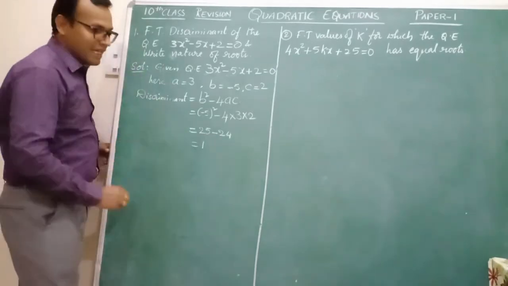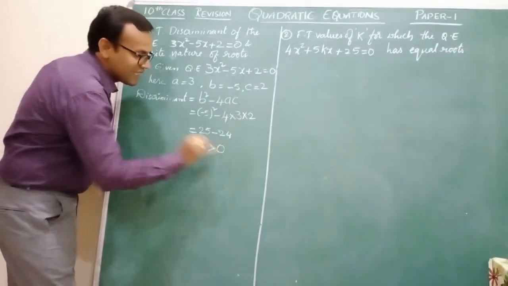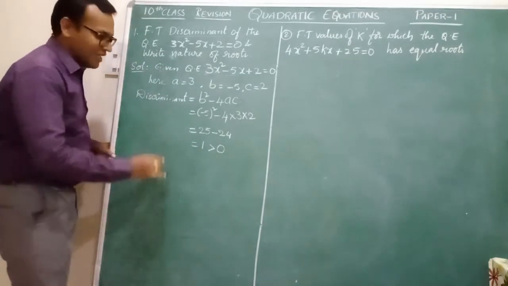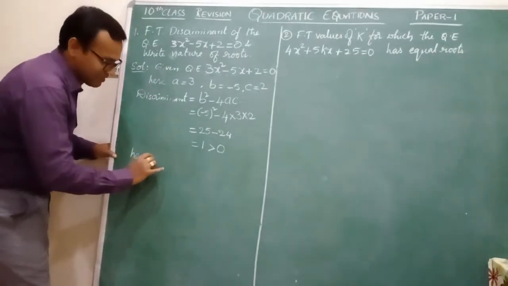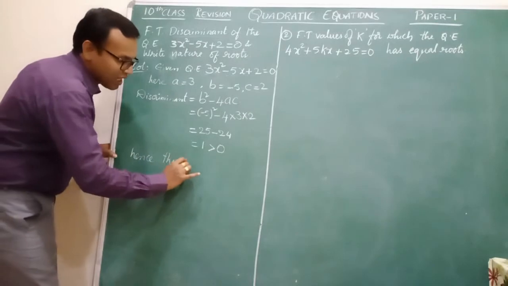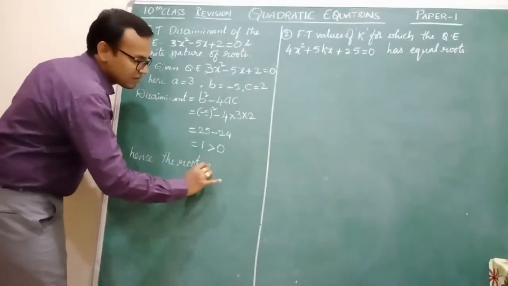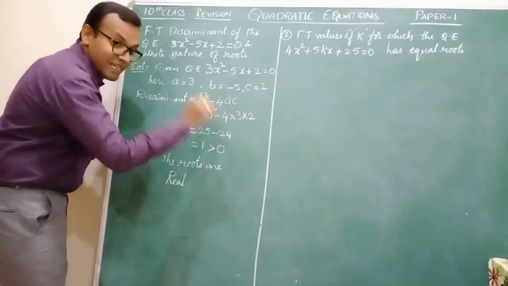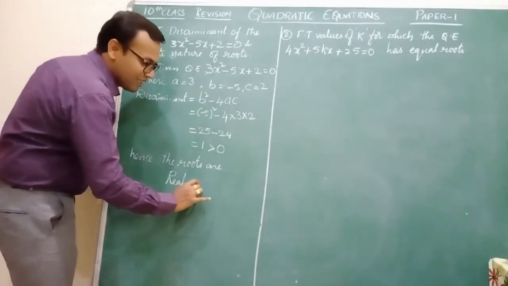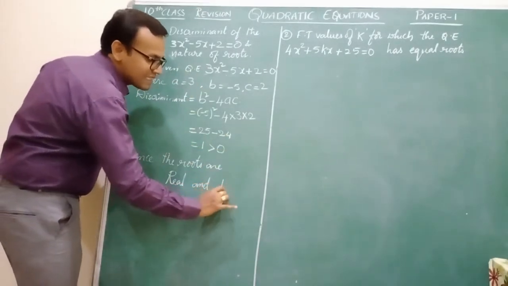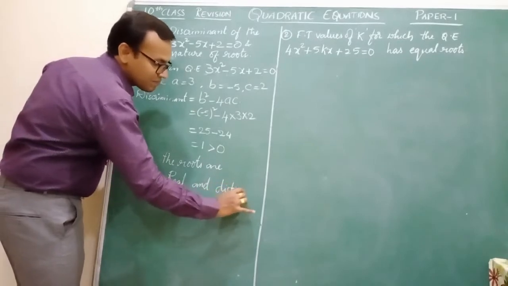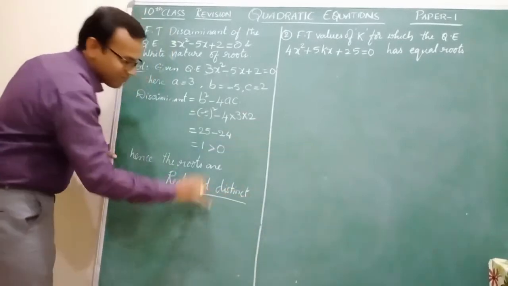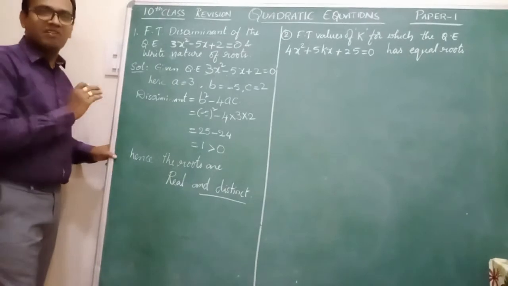Here in this case, 1 is greater than 0. Hence, since it is greater than 0, the roots are real and distinct. We have solved this problem.